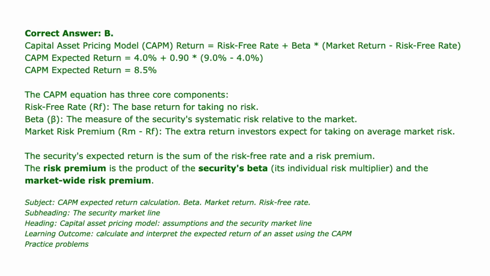Beta less than 1, 0.90, means expected return, 8.5%, is less than market return, 9.0%, but greater than the risk-free rate. The risk premium, 4.5%, is beta multiplied by the market risk premium, 5.0%.